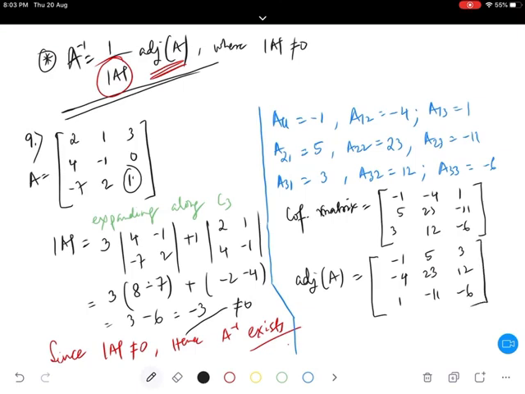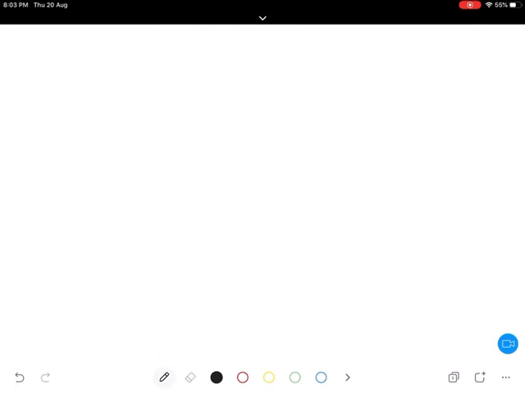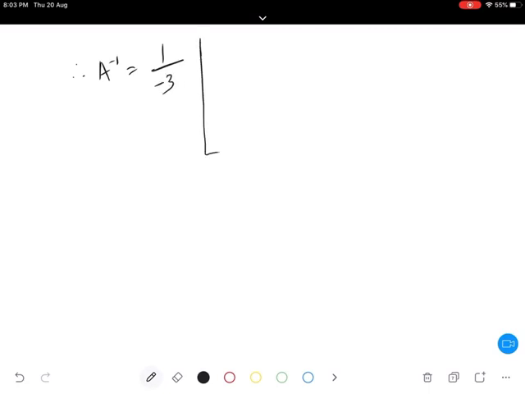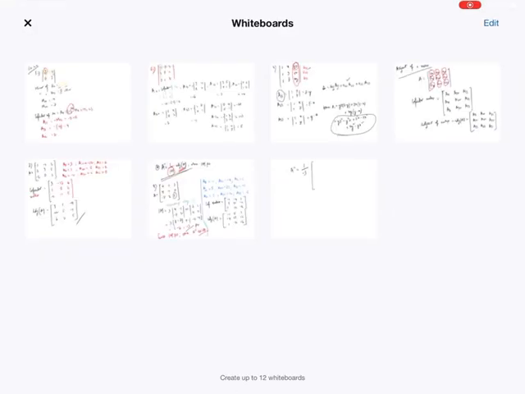Okay, clear? So after finding this, now my whole problem becomes easy. So what is A inverse equal to? Therefore, A inverse is equal to 1 by minus 3. The determinant was minus 3, right? And what was this?